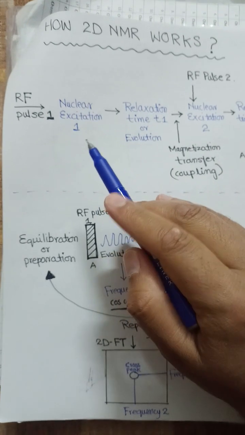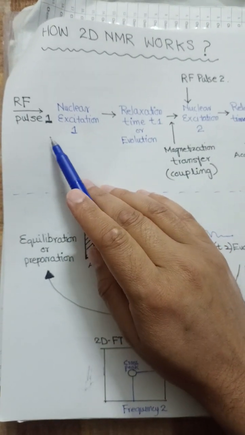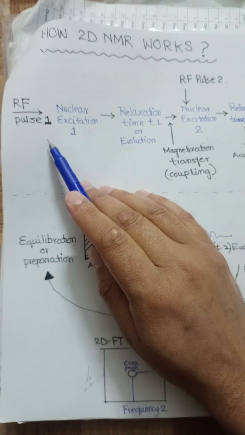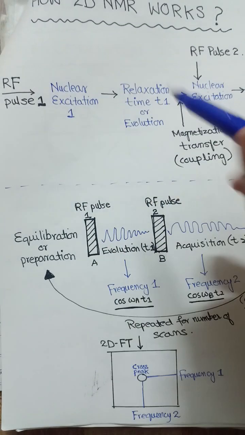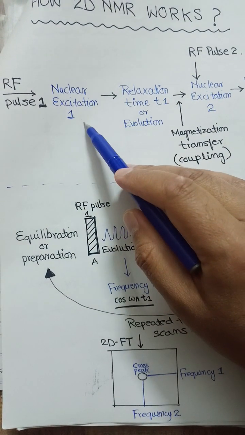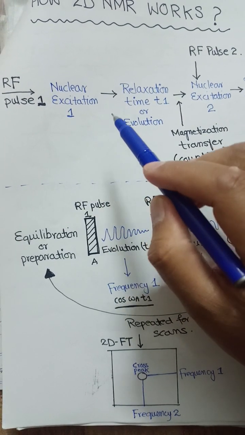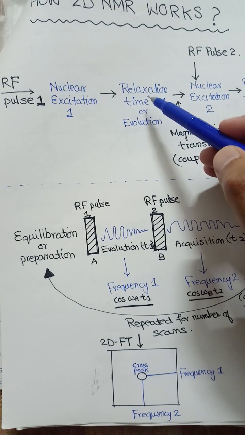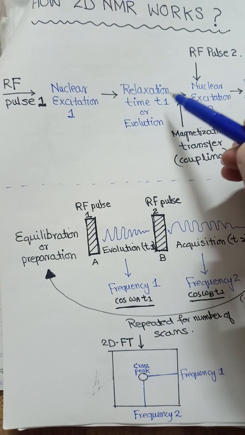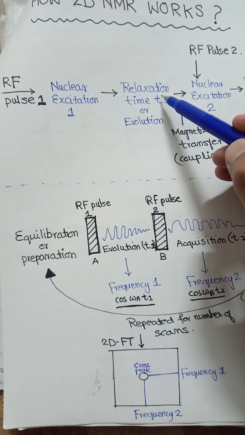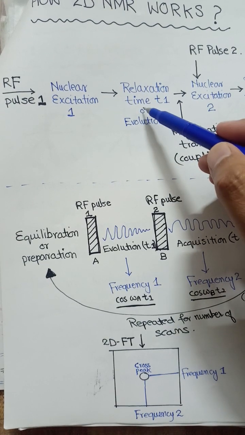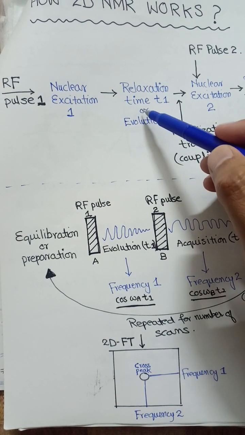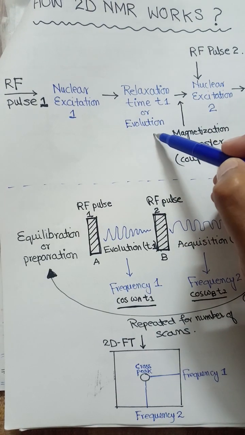During 2D NMR we use RF pulse 1, which is a 90 degree or 90x pulse, which causes nuclear excitation 1. During this excitation, the nuclei, after spin flipping, are going to relax, which is denoted with relaxation time T1, and this is also called evolution.